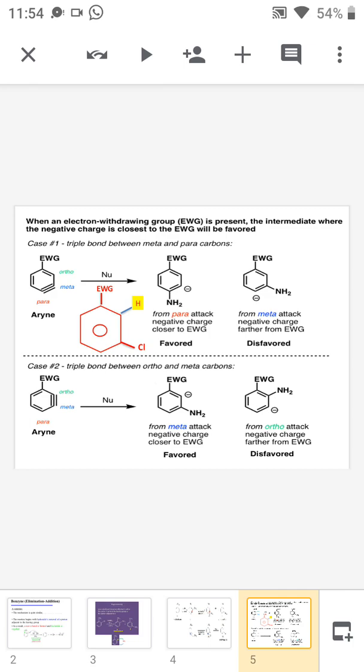The first step is that the strong base will attack the most acidic proton. Here I have shown the most acidic hydrogen in red color, which is situated in between the leaving group chlorine and the electron withdrawing group. That hydrogen is picked out by the strong base, and we will get a benzyne intermediate.